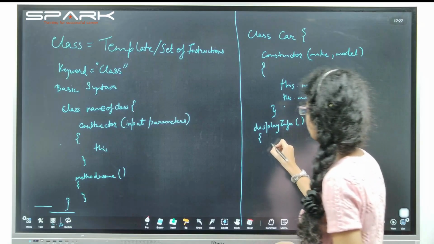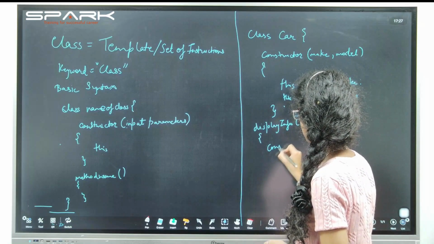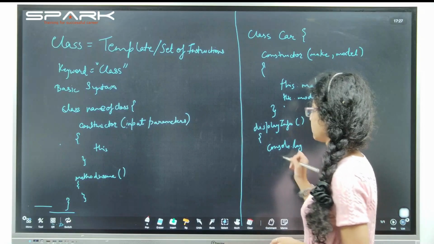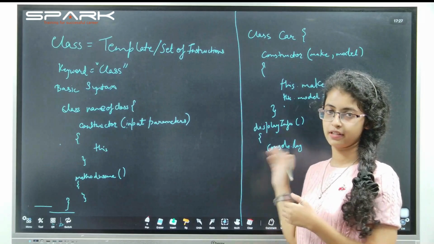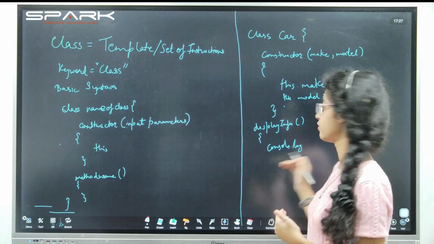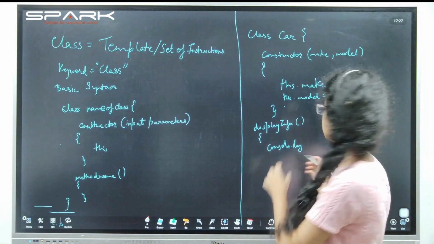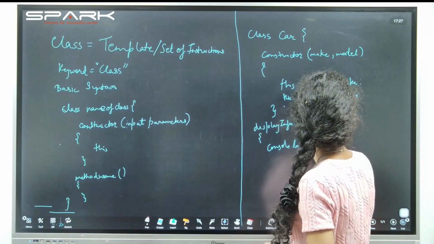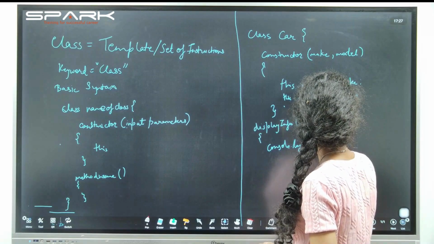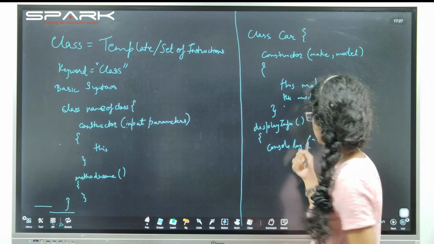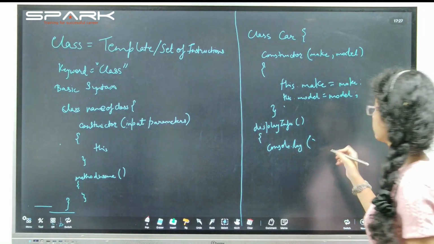In displayInfo, we'll use console.log. What console.log does is print whatever we write inside the brackets. It prints it on the display. So console.log, and we are using the backtick sign for interpolation.